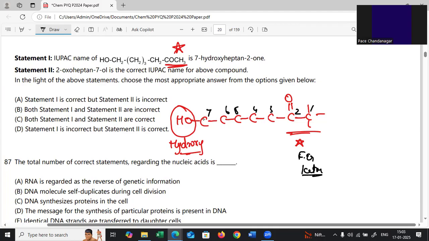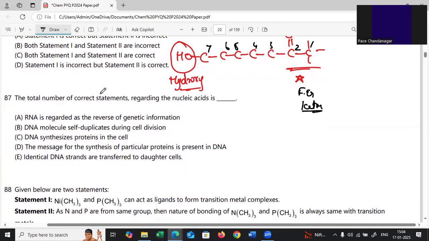So I would say 7-hydroxy. This is heptan-2-one, correct. So the IUPAC naming for this is correct. Option A is correct. We don't say oxo, it is hydroxy. All right, next move on.